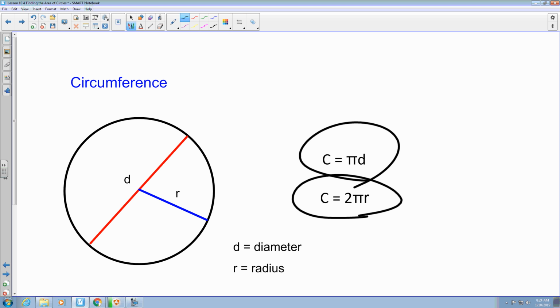The circumference would be 2 times pi times r. Makes sense? You need to double up on the radius because these two formulas are the same and you'll get the same result whether you use one or the other.